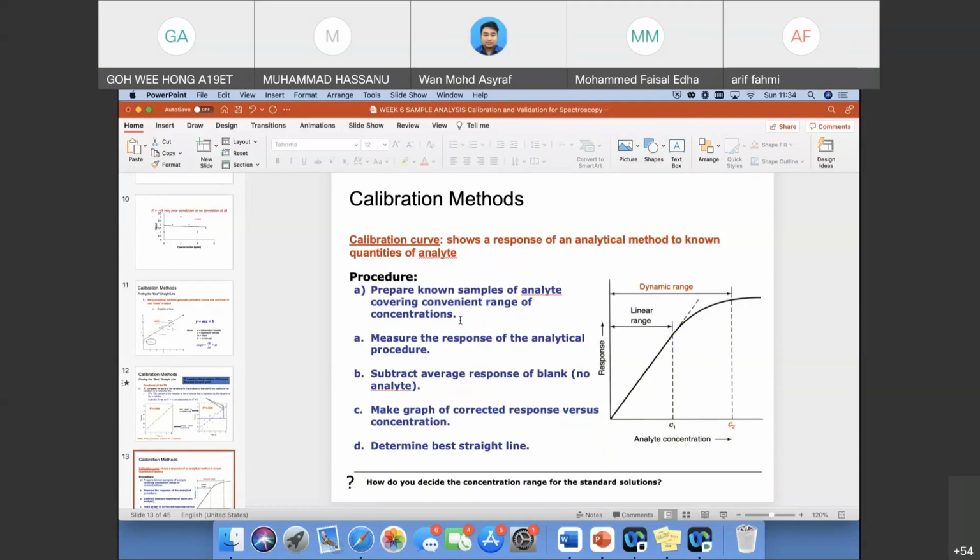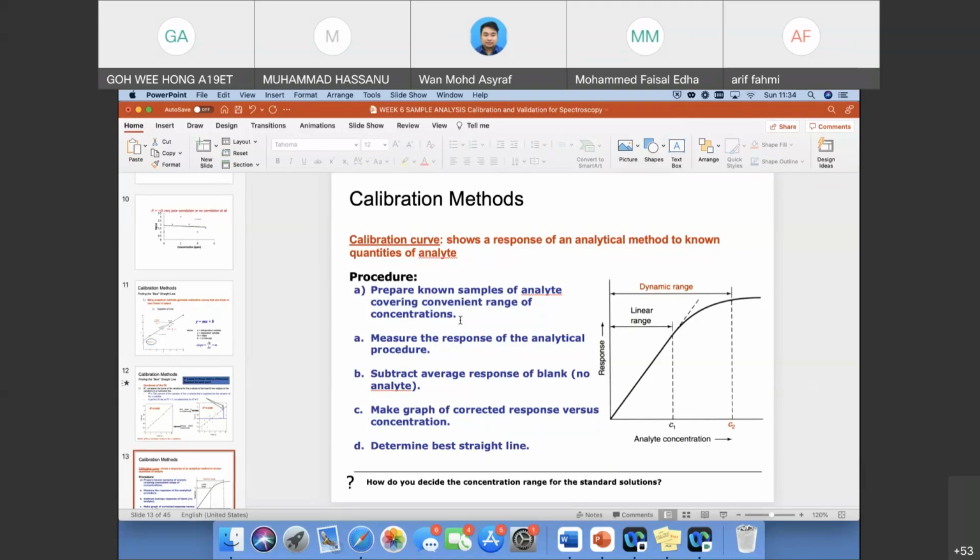Prepare a known concentration of the sample. You use the standard analyte where you dilute from maybe 1000 to 100 ppm, and then you dilute it again to 10 ppm, and then again to 1, 2, 3, 4, 5 ppm. So prepare a known sample with a convenient range of concentration.